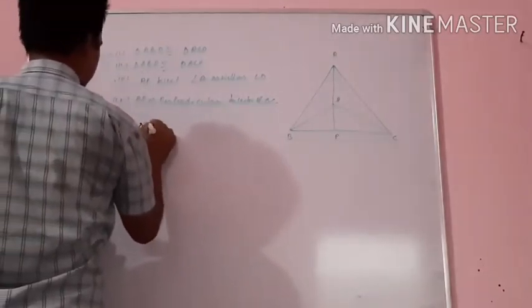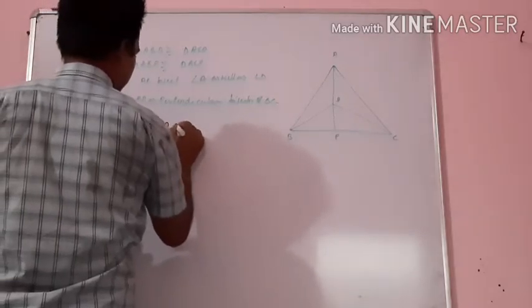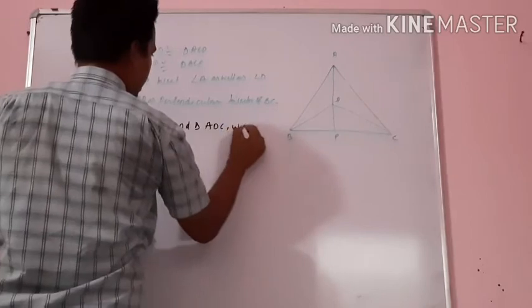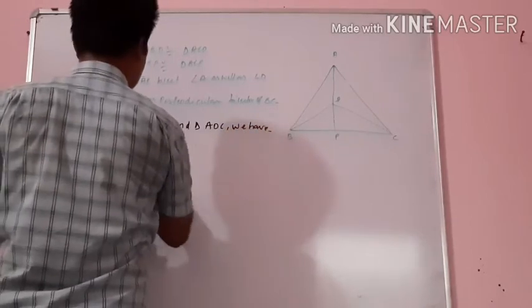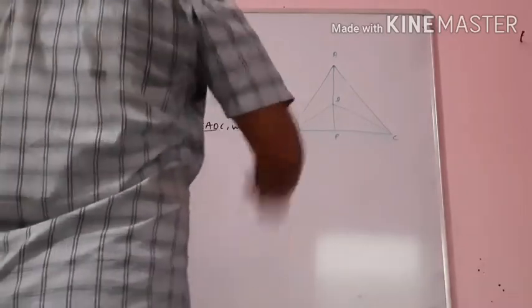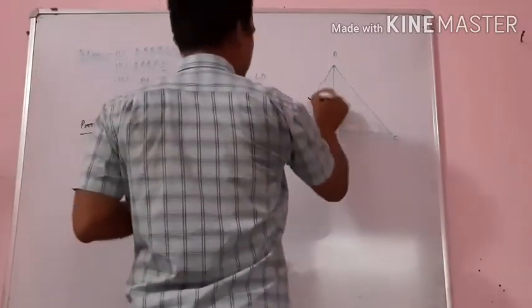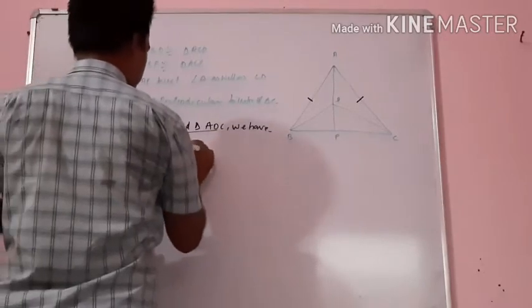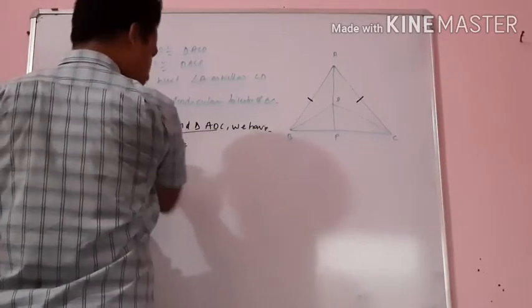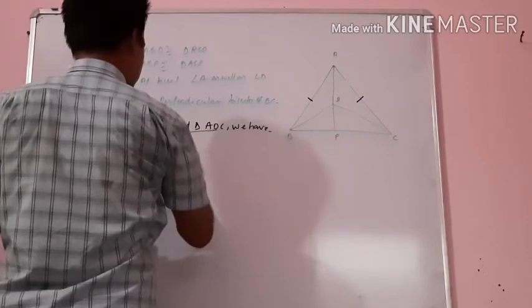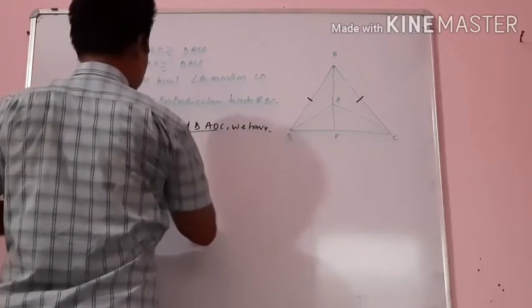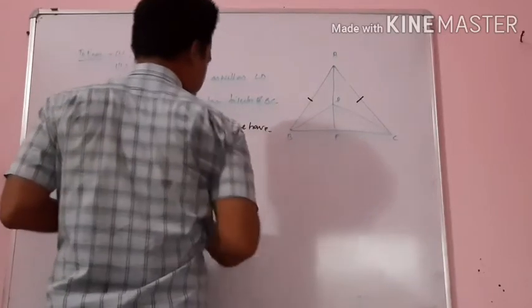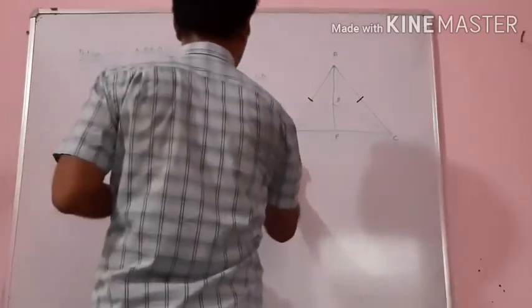In triangle ABD and triangle ADC, since ABC is an isosceles triangle, AB equals AC, given.